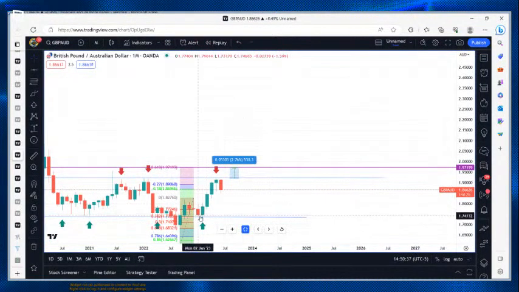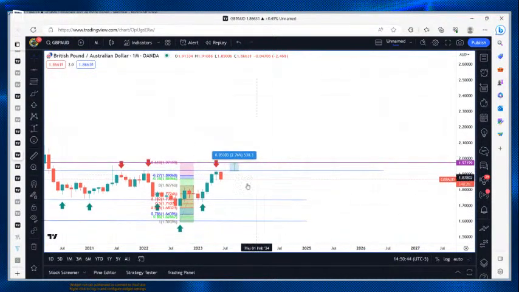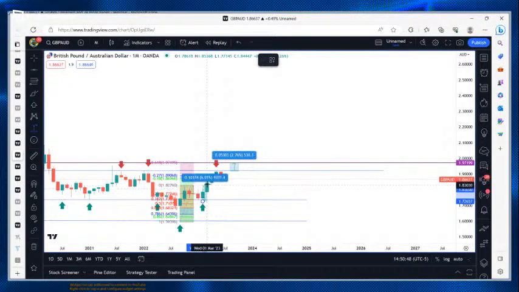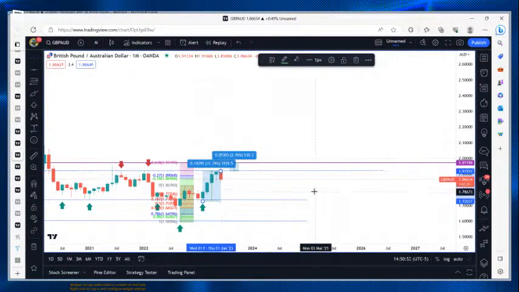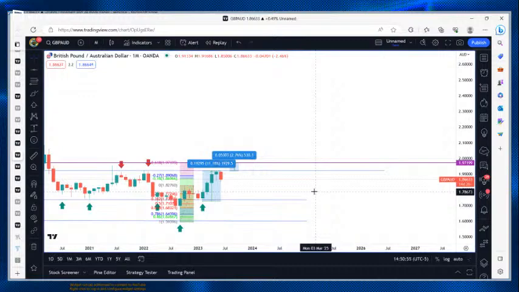But again, this market's been going up four months. British pound, Australian dollar been going up four months. This market could be in exhaustion because the market just been going up four months, almost 2,000 pips.